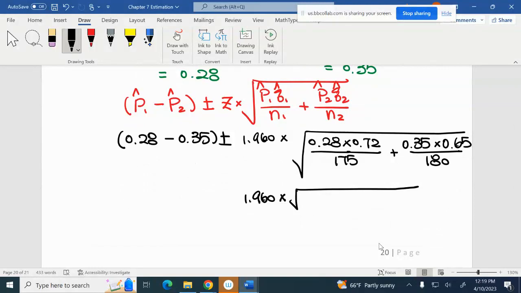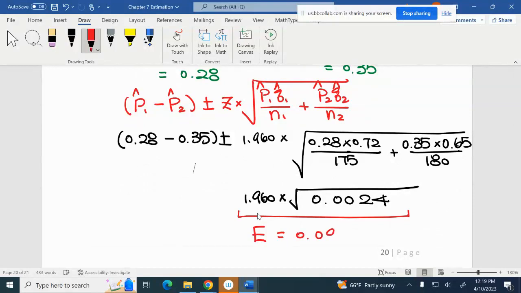Inside of the square root, I have 0.0024. Now, let me take the E, the margin of error. 1.96 times square root of 0.0024. Then I have 0.096. How much will be the proportion difference? 0.28 minus 0.35. Here is the negative 0.07.